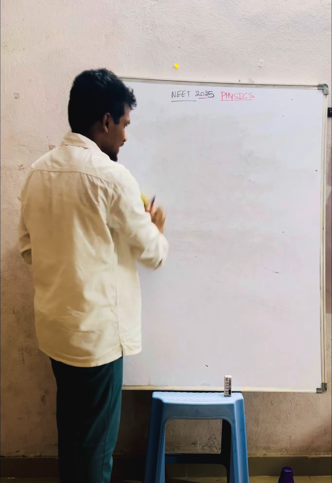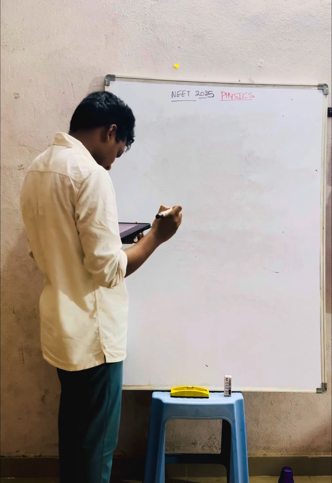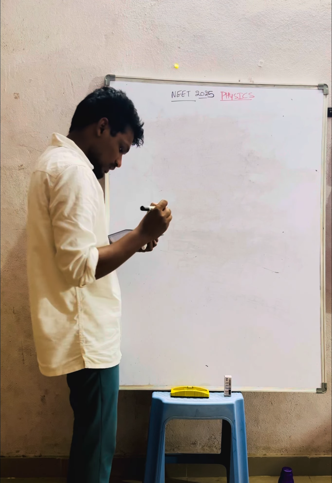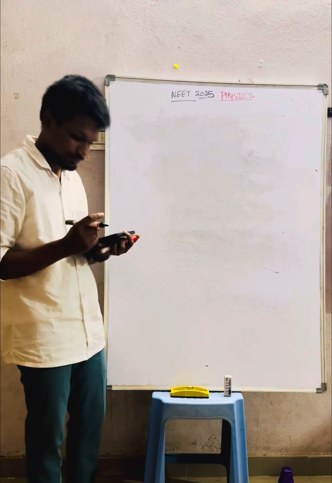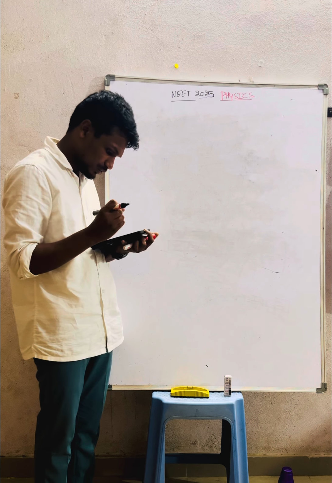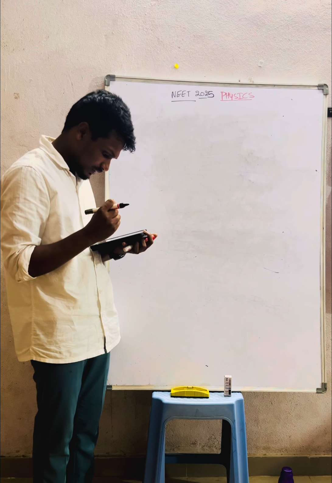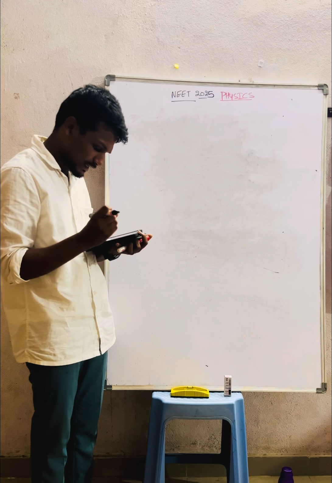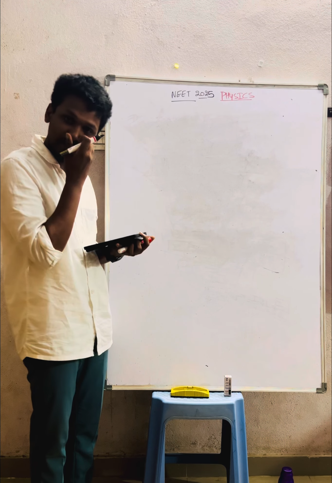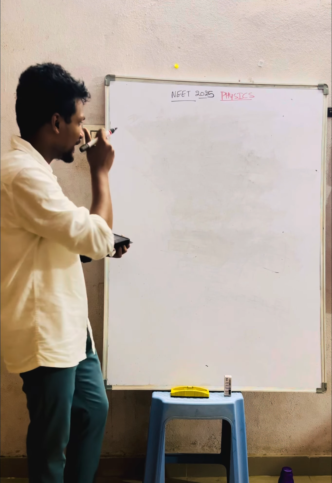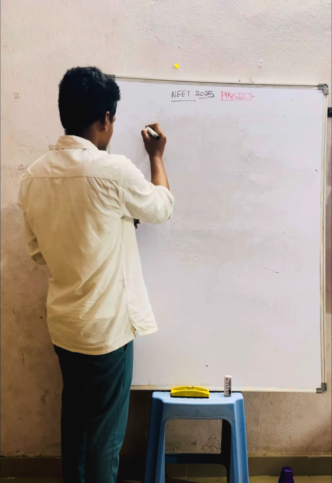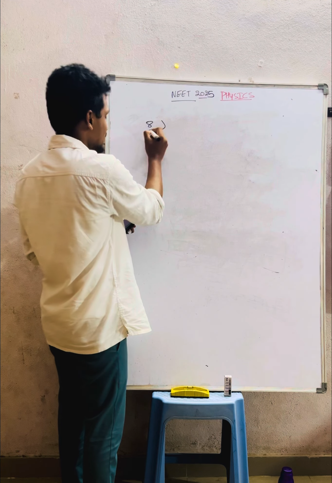Question number 8 is as follows. There are two similar cars, with energies 100 joules and 225 joules, and they apply brakes. Car A stops in 100 meters and car B stops in 1500 meters. Let's write the question number here first.